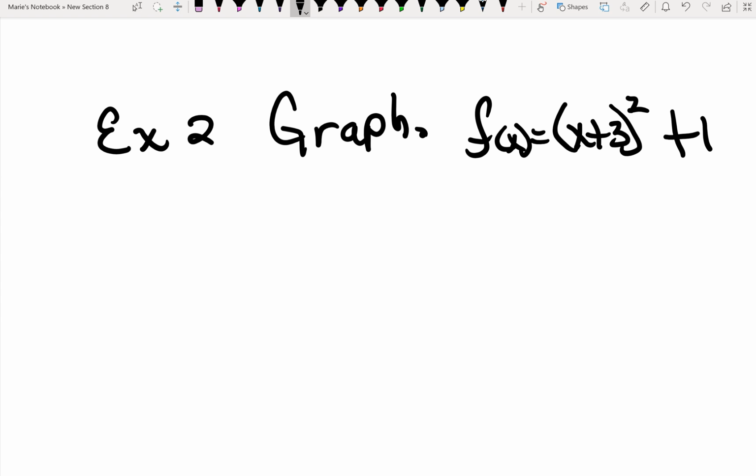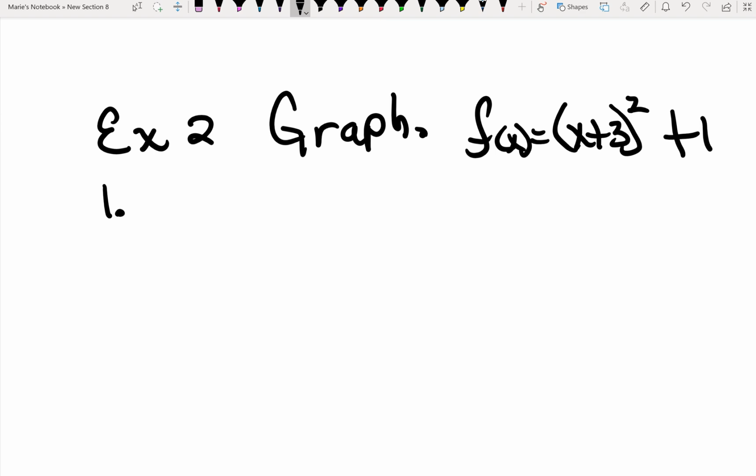And so in this case, we're going to do the same thing. Same 5 steps. What's going to happen in this one is you may end up with imaginary numbers. And the gist of this one is that it will not have x-intercepts. So let's look at it step by step.